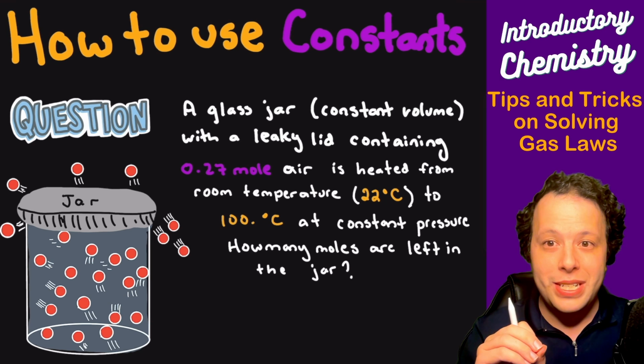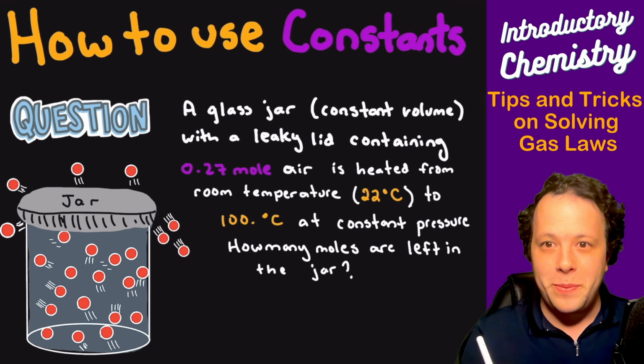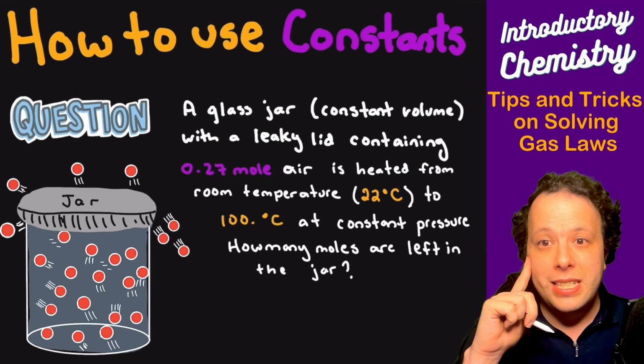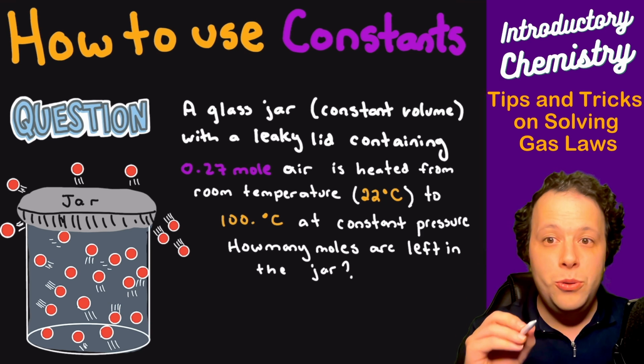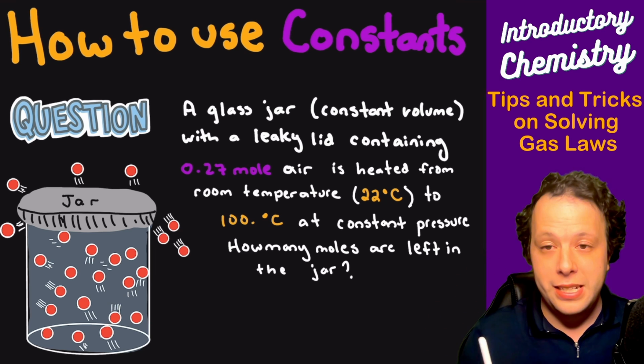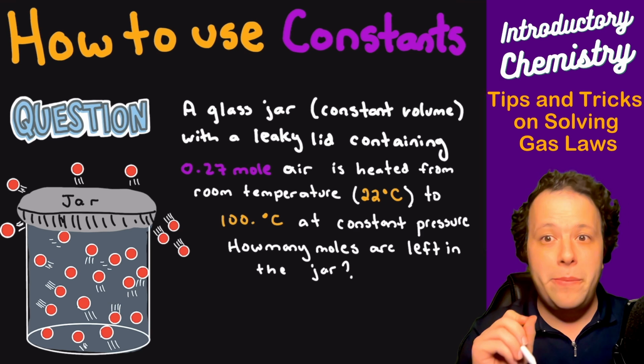Now, the good news is if you remember, I showed you that there were about 6 different formulas, all involving subscripts. If you understand the concept of constants, you can use the combined gas law to solve almost every single problem involving change. So, in this problem, I'm going to show you how.